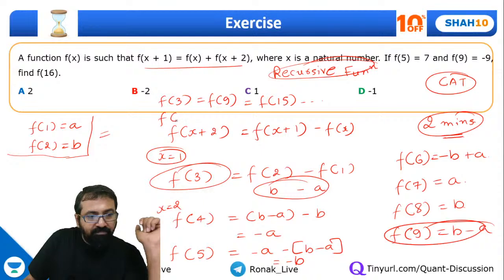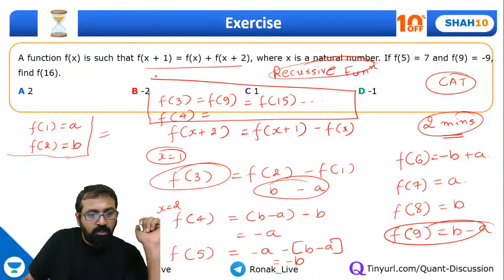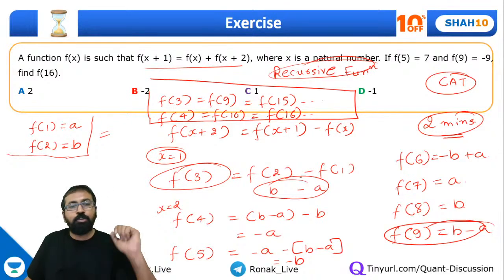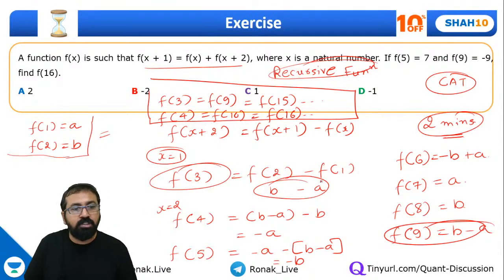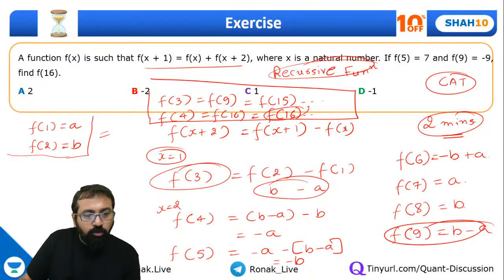Same way, f of 4 will be equal to f of 10, which will be equal to f of 16 and so on and so forth, right? Everyone, have you understood this? So ultimately, if I want to find out f of 16, I need to find out f of 4.